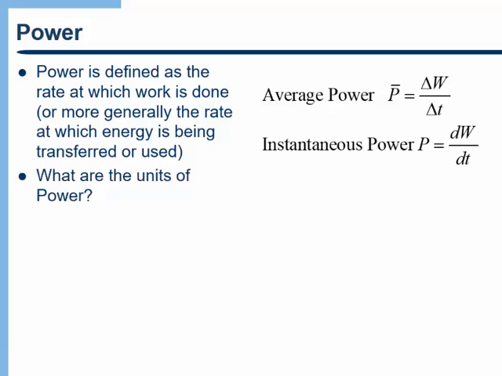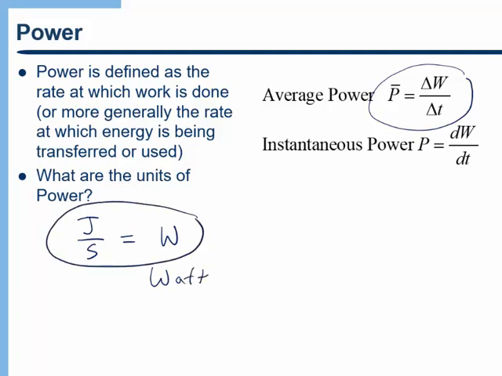Let's look at the units of power. Looking at the formulas, we can see that power has units of joules per second. And because power is such an important concept, we define the watt as a unit for power. So a watt is equal to a joule per second. Let's look at a quick example.